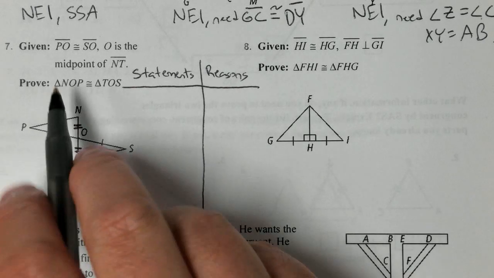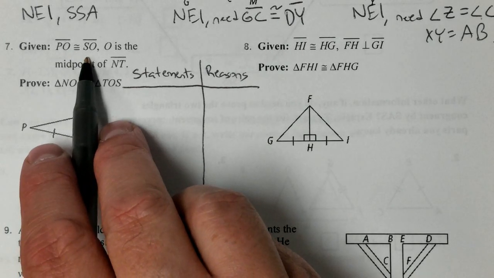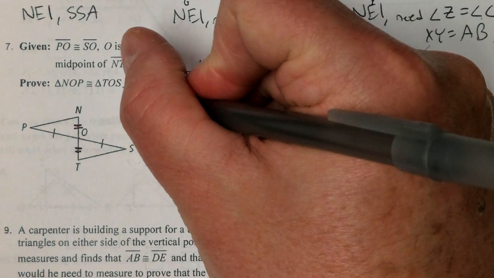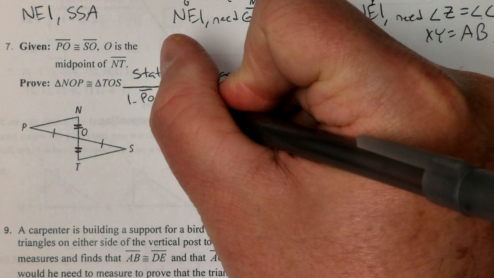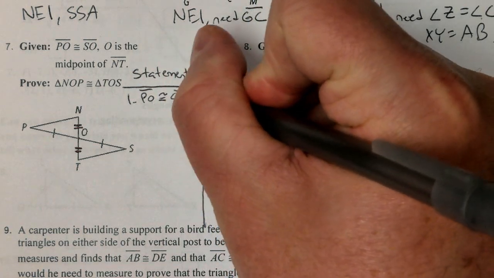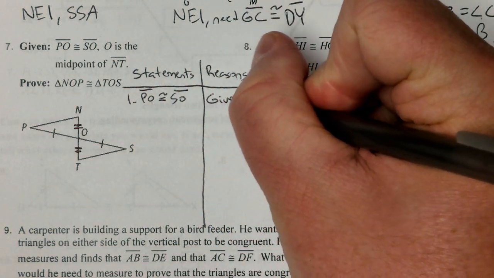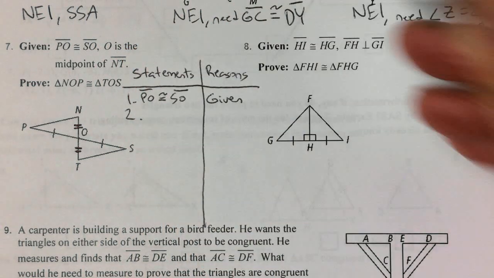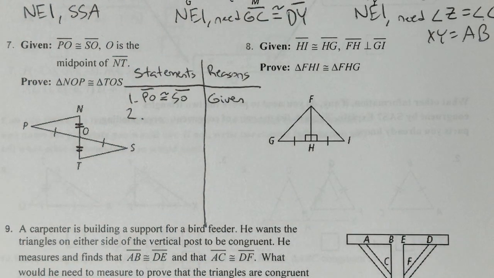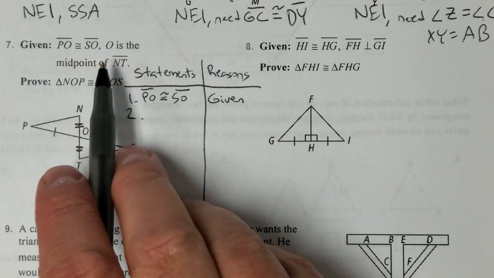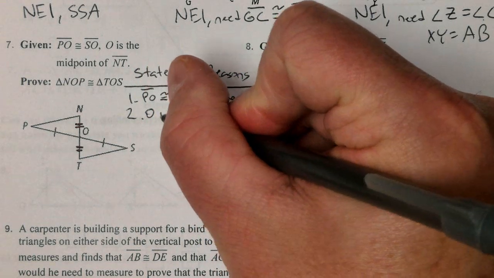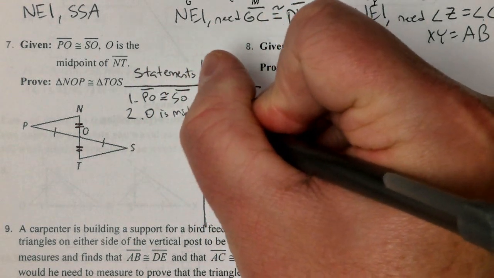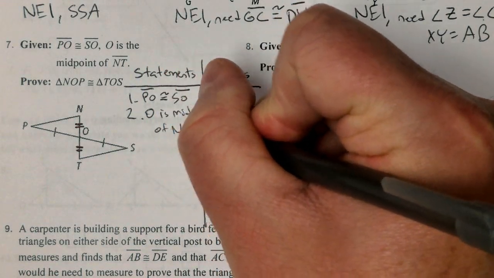So the first thing we know is we were given about PO and SO. So for number 1, we put PO congruent to SO, which is given. And then for the next one, we put the O as the midpoint. O is the midpoint of NT.